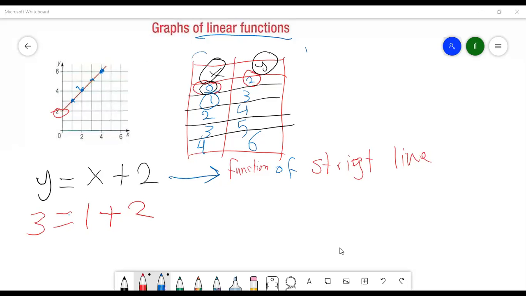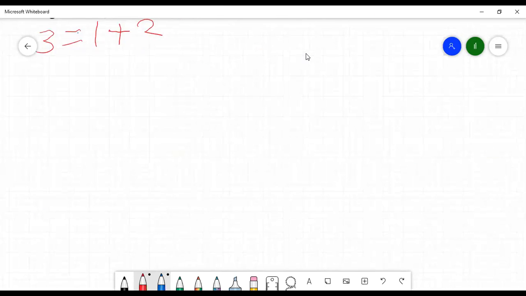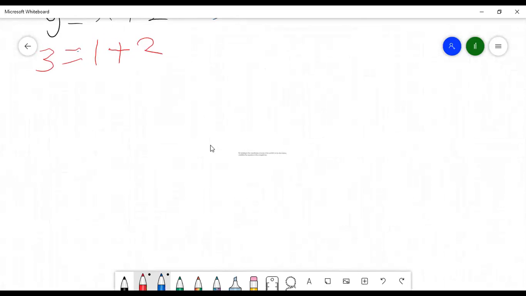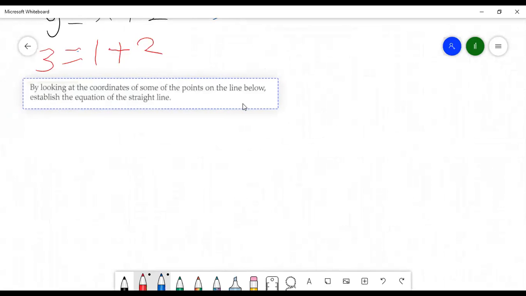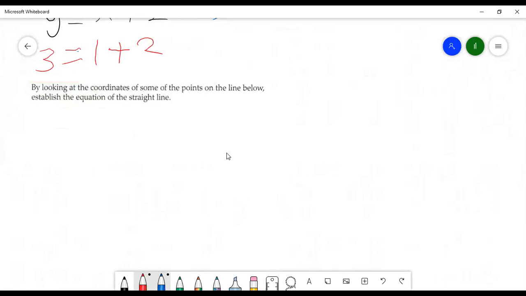Let's have another example. By looking at the coordinates of some of the points of the line below, this is a line.